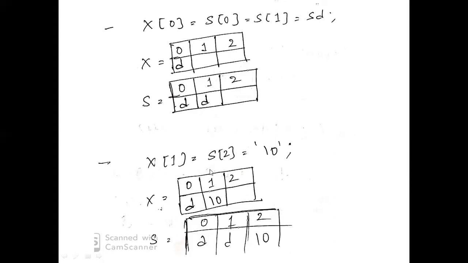Then x of 1 and s of 2 have been initialized to the null character. As you can see, the second element of the x array has been assigned a null character, or end of string character. Also, the last position of the s array has been assigned another null character.